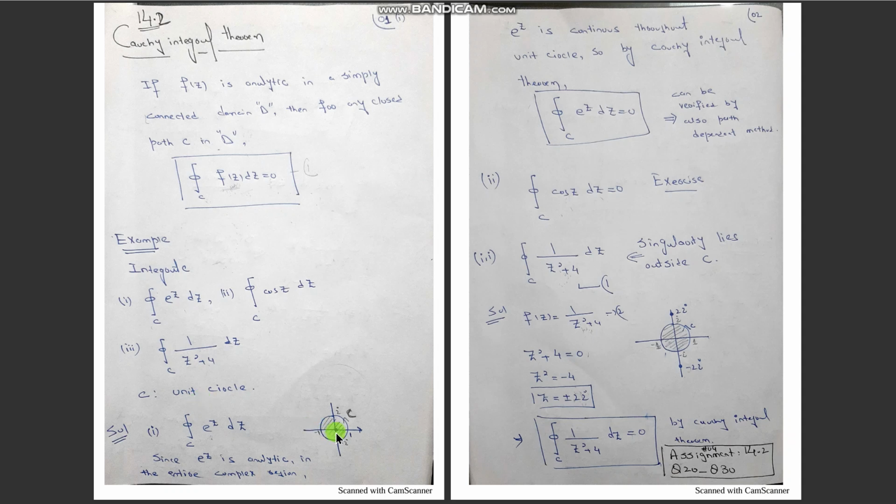Unit circle means that the center is the origin, and the circle goes 1 unit on the positive and negative sides of x, and 1 unit on the positive and negative sides of y. So the integration of e to the power z along the curve C will be equal to 0 by Cauchy integral theorem.